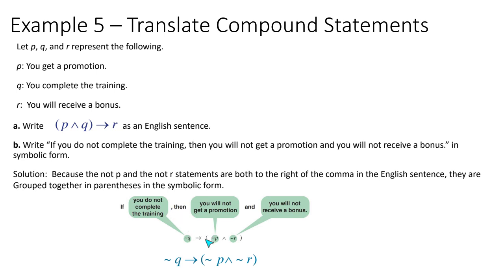And I already have my comma, so I'm going to use parentheses. You will not get a promotion. Well, P is you get a promotion, so the negation of that is not, so I'm going to use negation P. And so I use my conjunction, and then you will not receive a bonus, negation R. So this would be your answer.